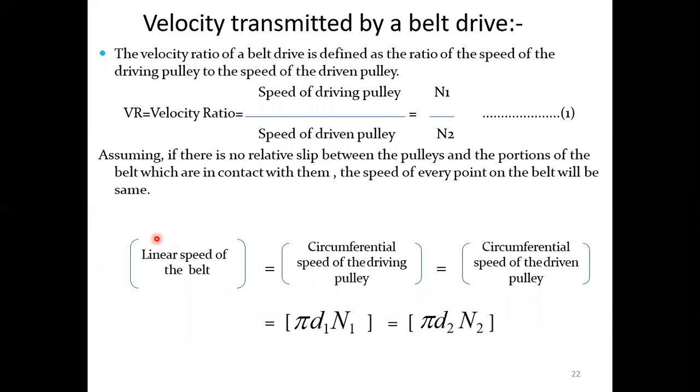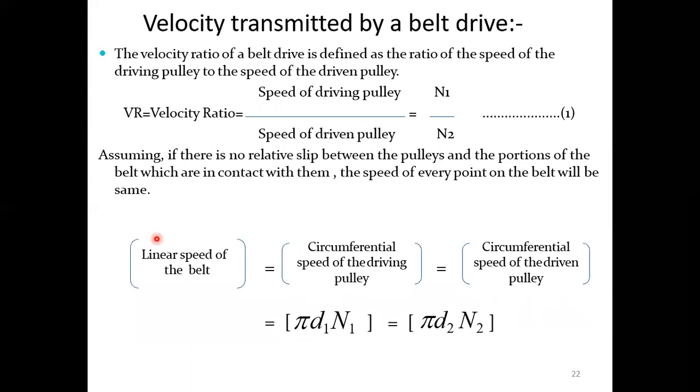Okay, that is the velocity transmitted by belt drive. The velocity ratio of the belt drive is defined as the ratio of the speed of the driving pulley to the speed of the driven pulley. That is VR, velocity ratio, is equal to speed of driving pulley divided by speed of driven pulley, that is N1 divided by N2.